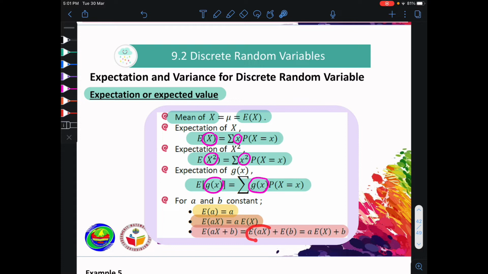Now we already know that expectation of aX is a times expectation of X, and expectation of b is just equal to b. That is why the final answer should be a times expectation of X plus b.